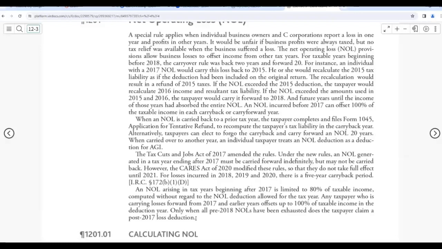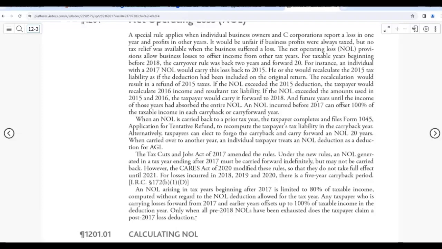After that is completely exhausted, then you start your new era, which is 2018 and forward. And in that case, only up to 80% of the profit of that year will be eligible to write off against the net operating loss that you are carrying forward with you.